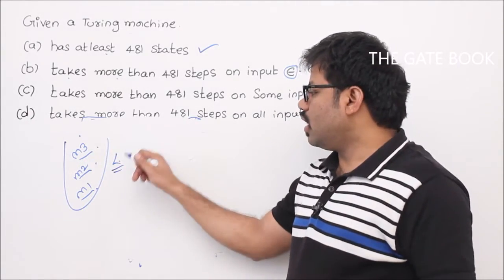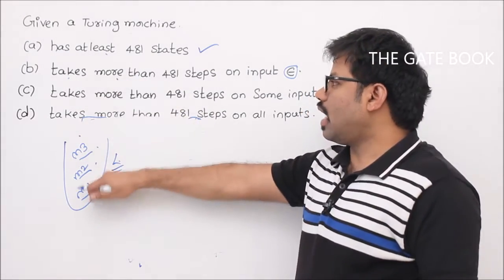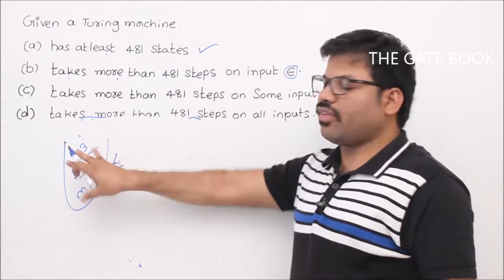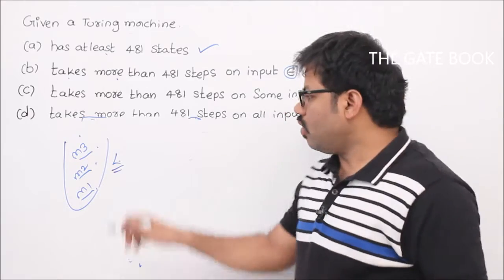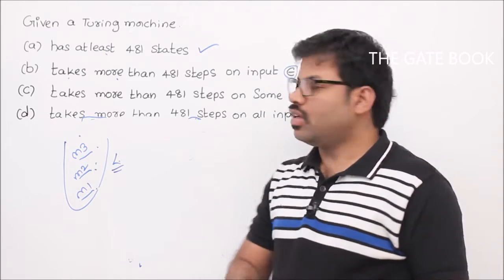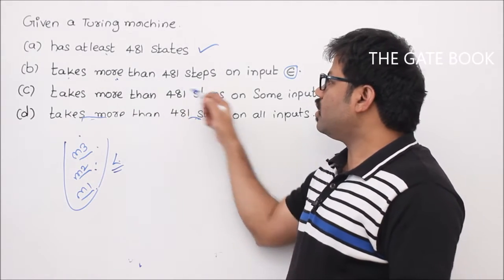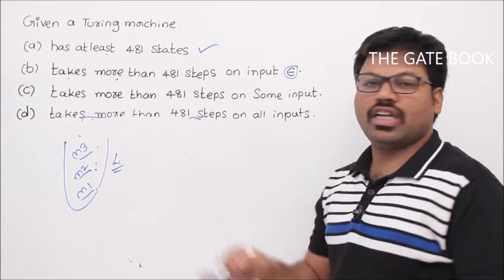Now the question is, is that language decidable or not? This problem and this language are the same. Okay, so this is the problem form, this is the language form, both are the same. Try to understand the relation between them. Now if such a language is decidable, then we say this problem is decidable. Now you tell me, given a Turing machine code, can we tell whether it takes more than 481 steps on input epsilon?